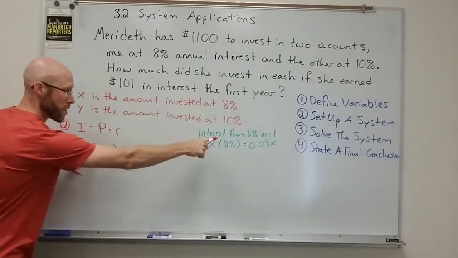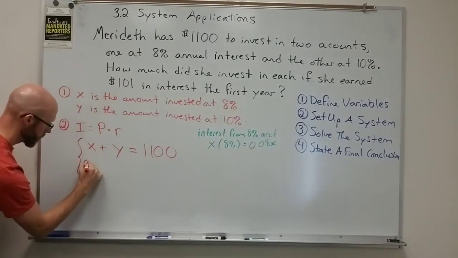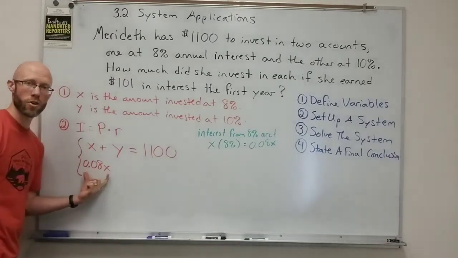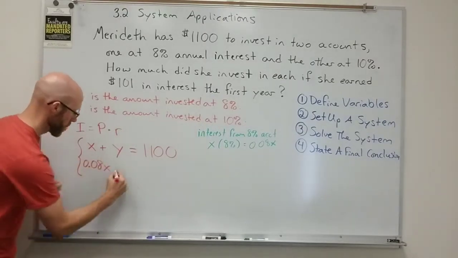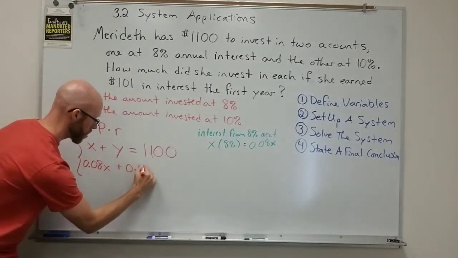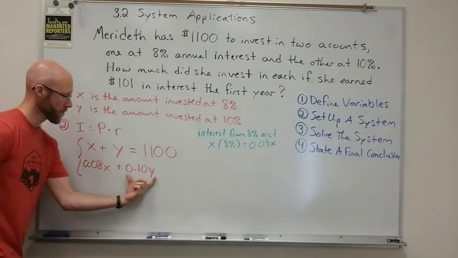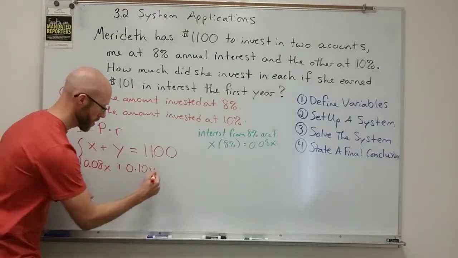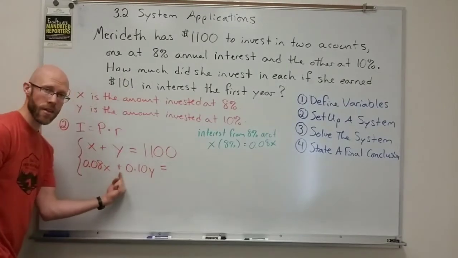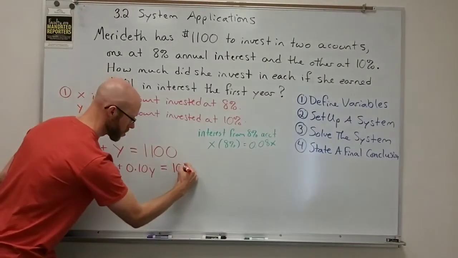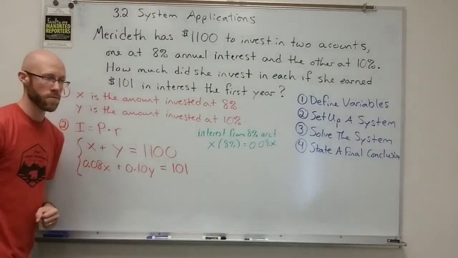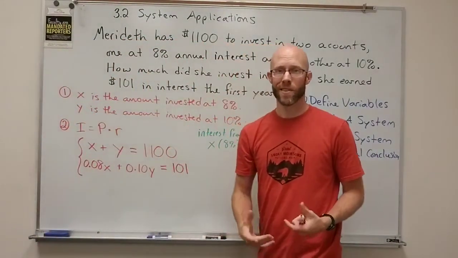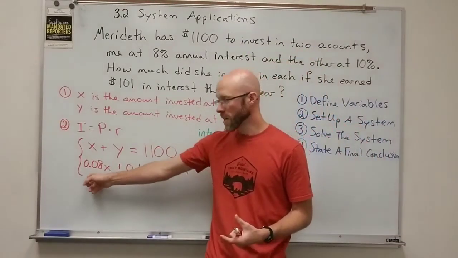The 0.08x is the amount of interest she earned from the 8% account. The 0.10y is the amount that she earned at the 10% account. And those added together should equal the total interest earned of $101. Okay, so this is a system of equations. Now it's a little bit of a messy system because it's got some decimals in there.